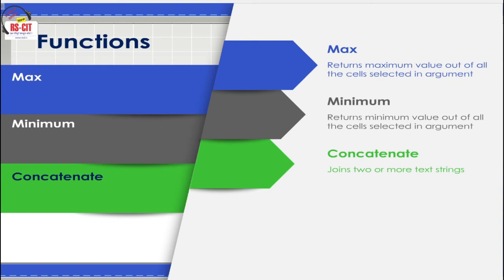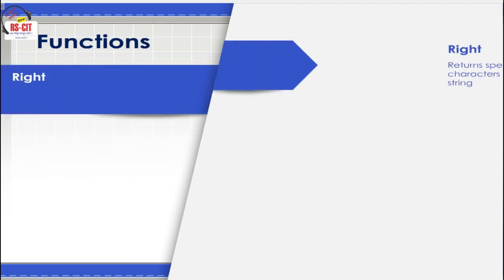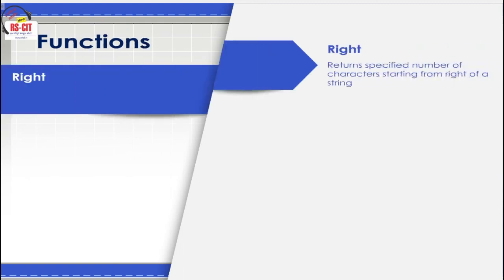Result: joins two or more text strings. Function LEFT. Result: returns the specified number of characters starting from the left of a string. Function RIGHT. Result: returns the specified number of characters starting from the right of a string.